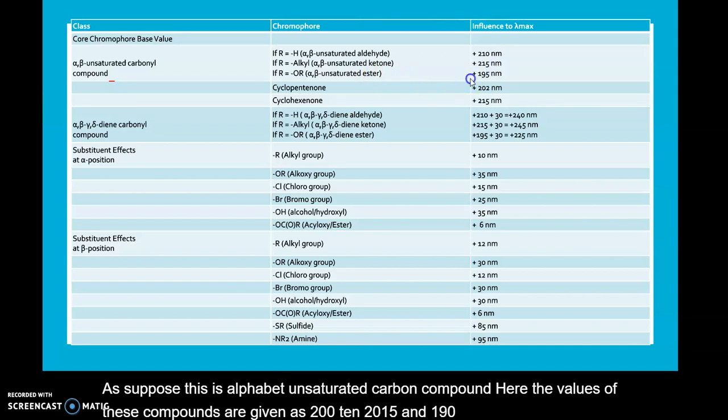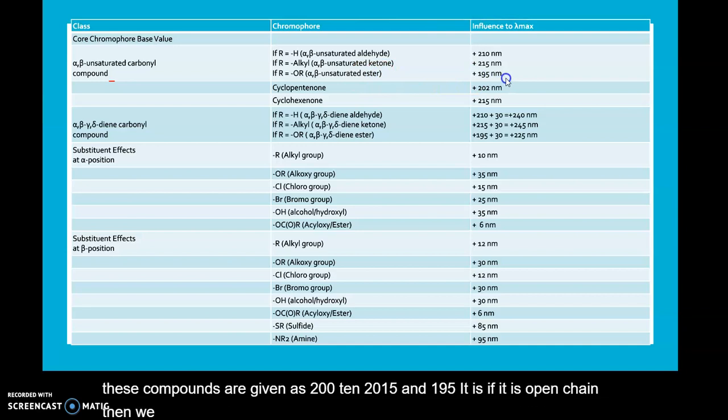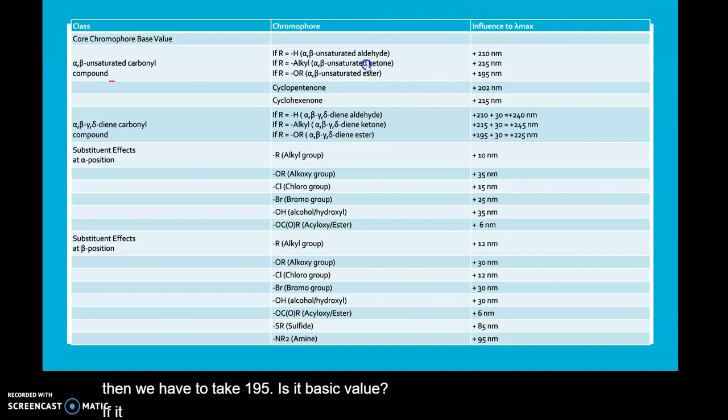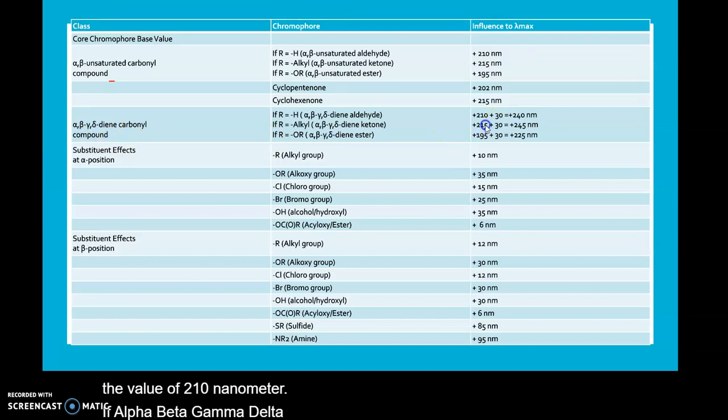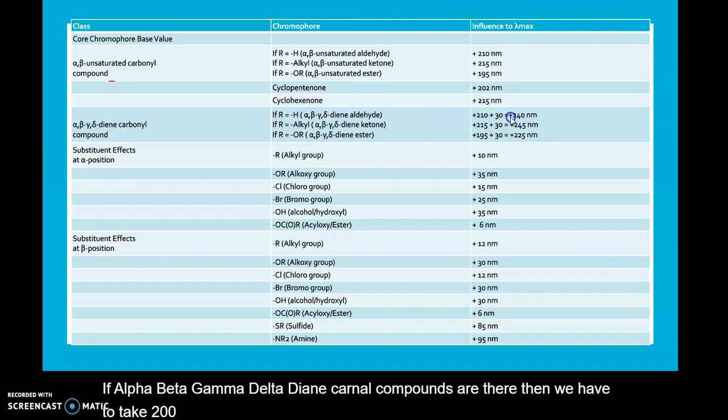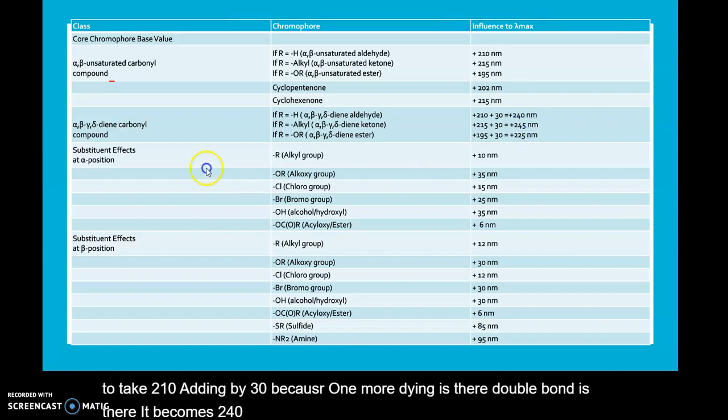If it is an open chain, then we have to take 195 as a basic value. If an alkyl group is there, then it is 215, and if R is equal to hydrogen, then the value is 210 nanometer. If alpha, beta, gamma, delta dienyl carbonyl compounds are there, then we have to take 210 adding 30, because one more double bond is there, so it becomes 240, 245 and 225.